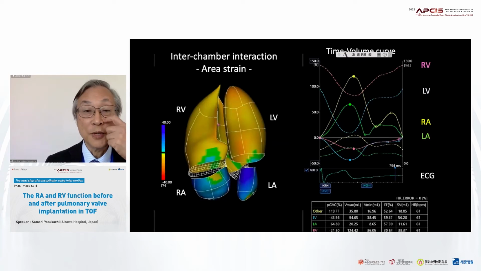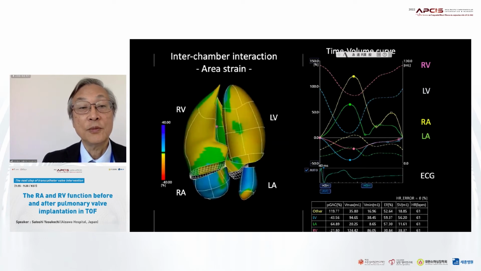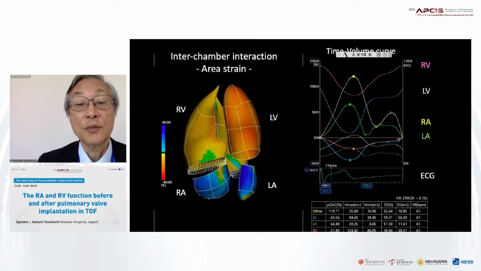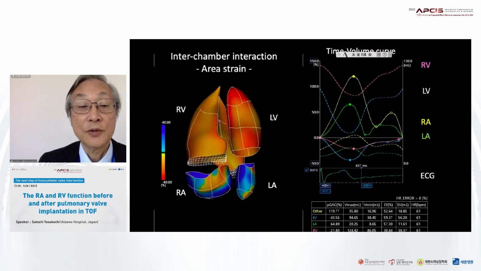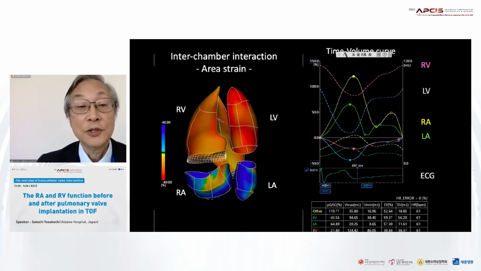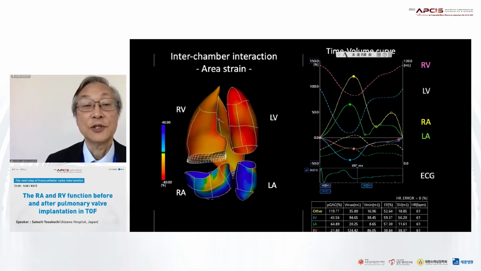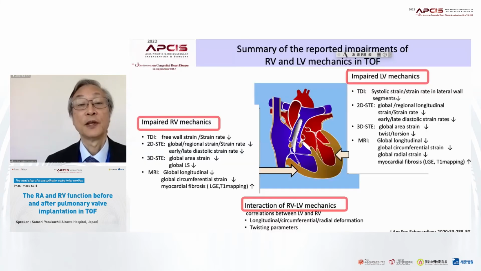This is quad imaging of the ventricles, and it can demonstrate the interchamber interactions between all four chambers at the same time. So this shows volume changes and area strains. We may see how each chamber interacts with the others during the cardiac cycle.